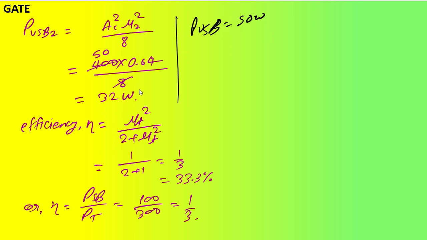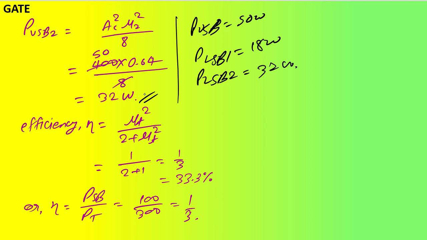That is another method to find it out. Similarly, LSB 1 and LSB 2 are the same: PLSB 1 will be 18 watt, and PLSB 2 will be equal to PUSB 2, that is 32 watt.